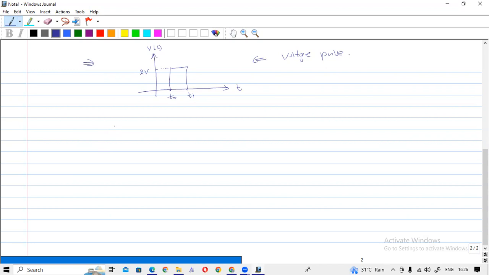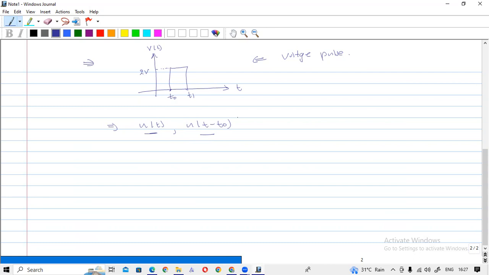So can you try to represent this using the shifted unit step function and the unit step function?